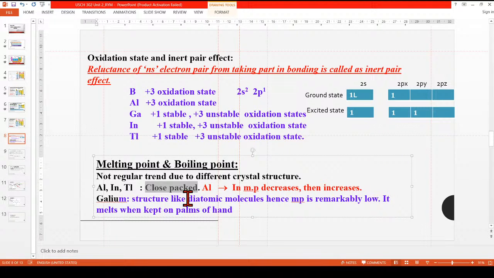So melting point, as we move from aluminum to indium, decreases, and then again it starts to increase. This increase and decrease is because of different crystal structures. Aluminum has a different crystal structure, indium has a different crystal structure, thallium also has a different crystal structure.